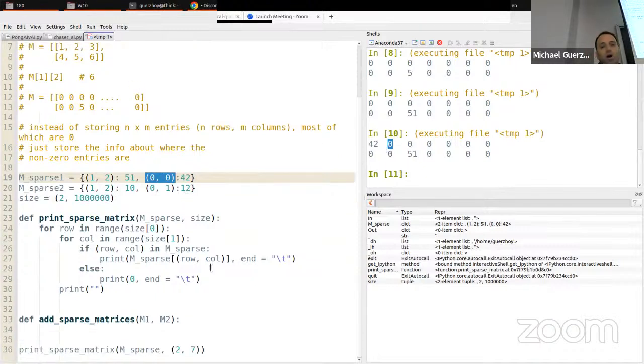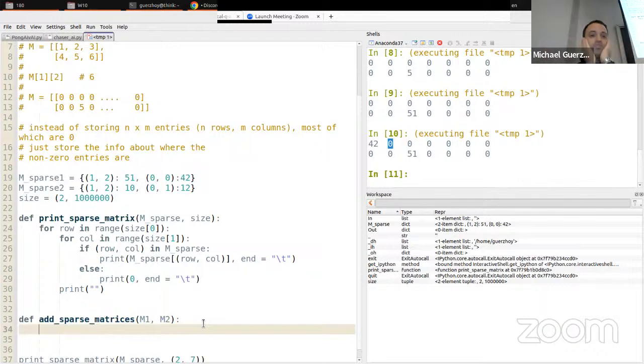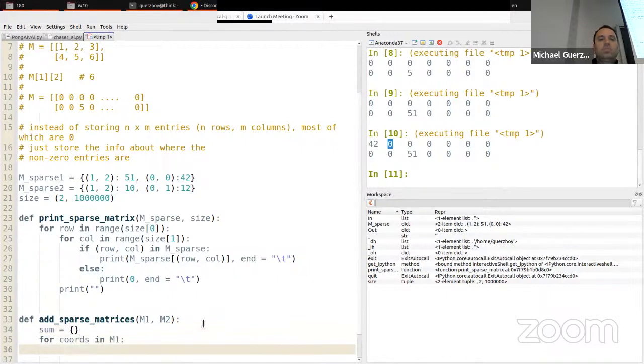So, okay. So what can we do? So we basically need to construct this new matrix that's the sum of the two. And we need to go through every location that's not 0. Everything else is going to be 0 anyway. Right? So one thing we can do is we can say, okay, all right, so for coords in M1, so I'm going through every coordinate in M1, so it's going to be 1, 2, and then it's going to be 0, 0.